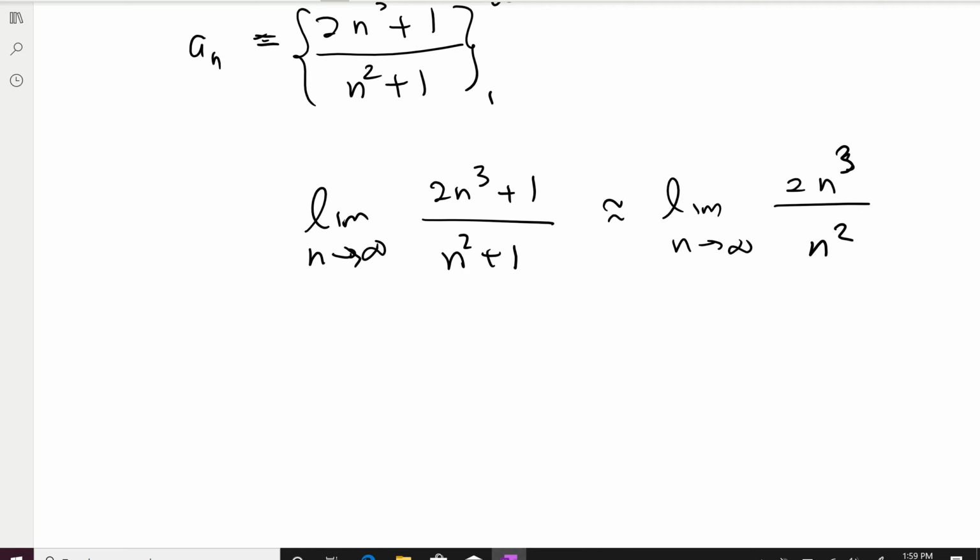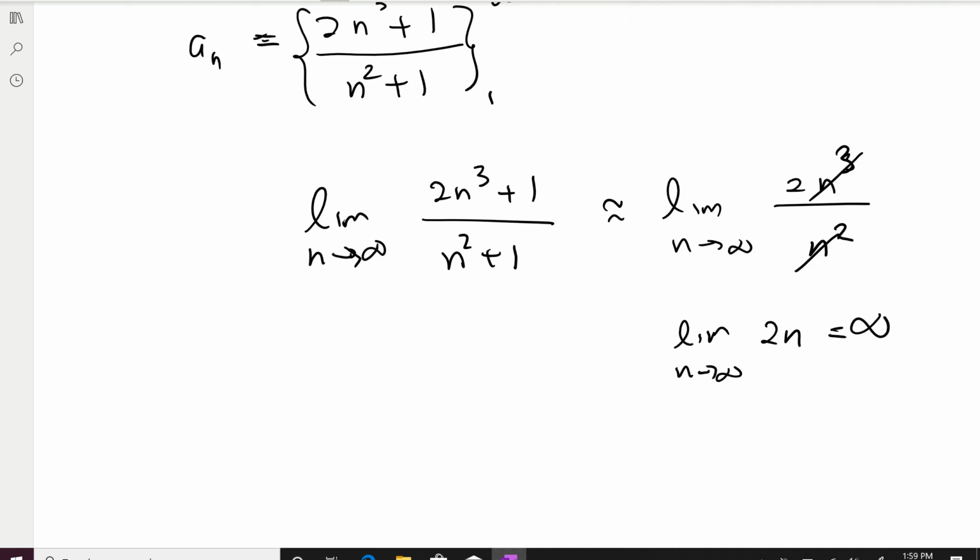Think of them independently. Don't try to think about dominating terms of numerator and denominator at once. Treat them as two separate polynomials and find the dominating terms separately, individually. Now you can simplify what's going on here. So n goes to infinity, n squared and n cubed cancel out and leave us with 2n. So what's the limit of 2n when n goes to infinity?